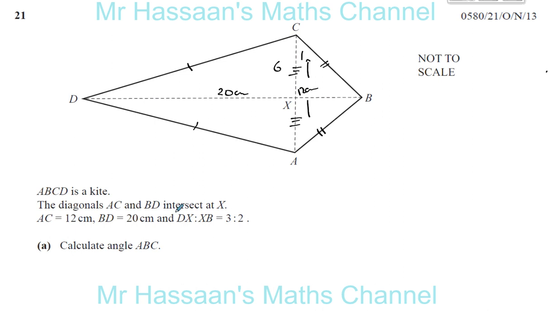Now this question tells us to calculate the angle ABC, which is this angle over here. I'm going to call that angle x. Now, one of the things we know about kites is that the diagonals intersect at right angles. So you have right angles here, 4 right angles. And I'm able to spot a way to find this angle.